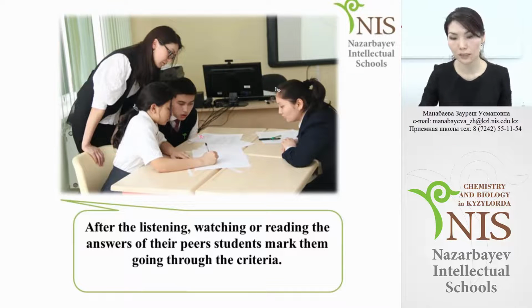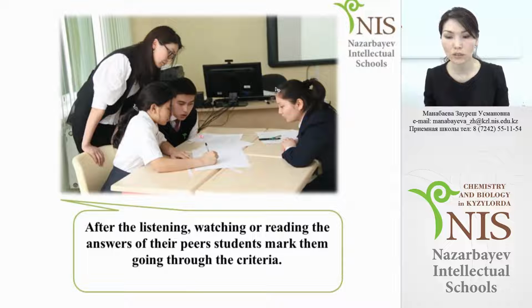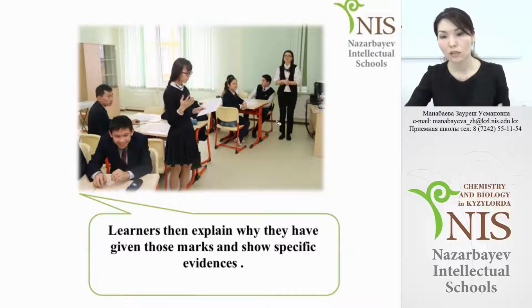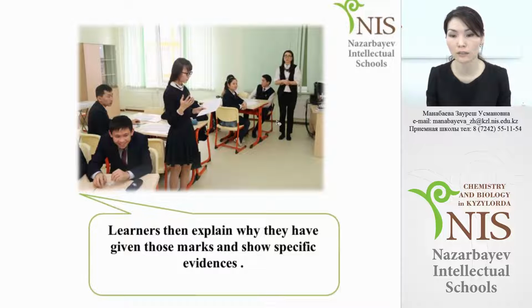After listening, watching or reading the answers of their peers, students start marking them, going through the criteria together in the group. Then they share their marks with the peers, explaining and providing the evidence.